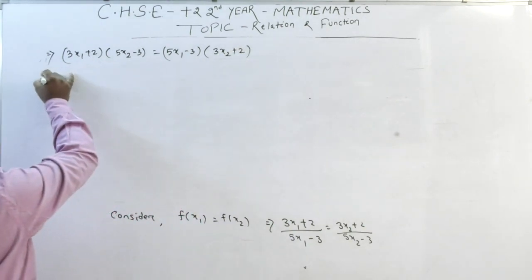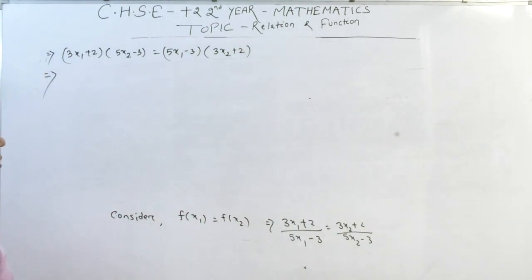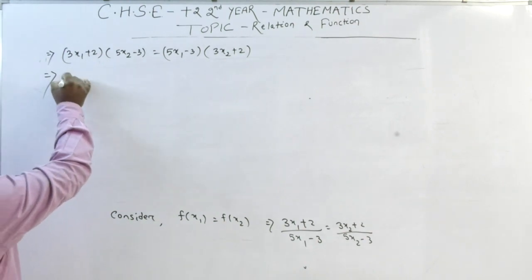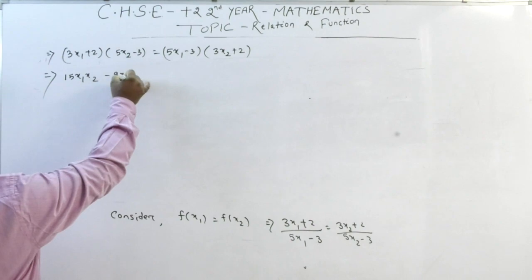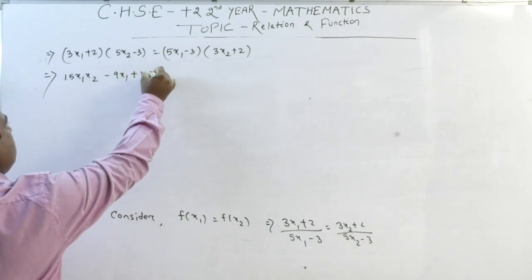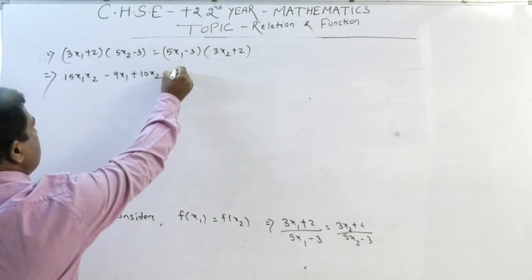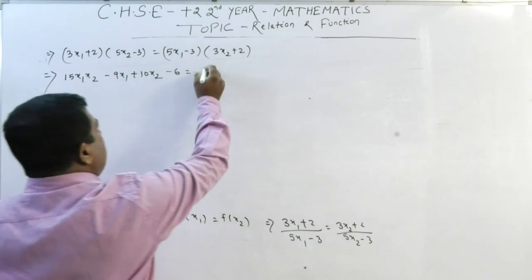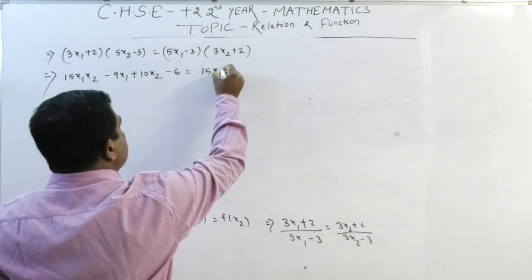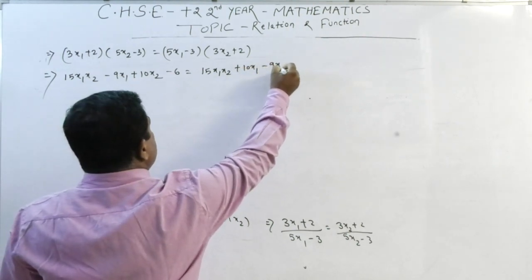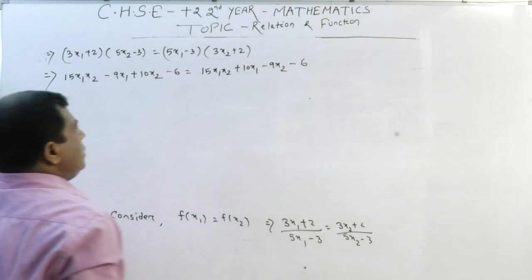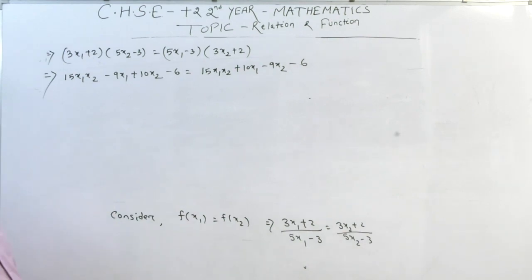So on cross multiplication, you see what we obtained: 15x1x2 - 9x1 + 10x2 - 6 equals, on this side, 15x1x2 + 10x1 - 9x2 - 6. So this is the result we obtained.